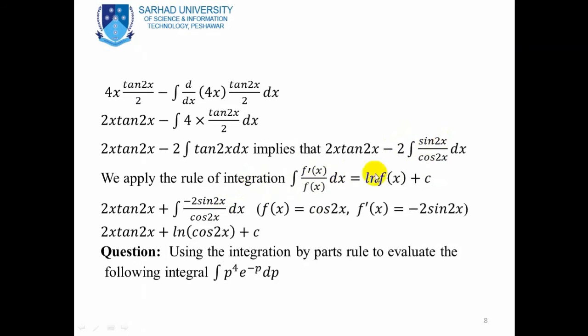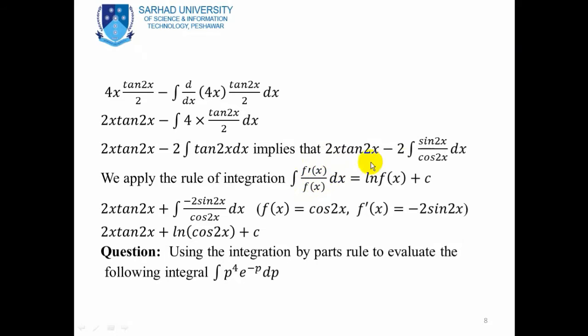So from the derivative of the denominator we obtain the numerator. In this case we can take the natural log of the denominator for the integration, because we have a simple example: the derivative of log x is equal to 1 over x, and the integration of 1 over x with respect to x is equal to log x.